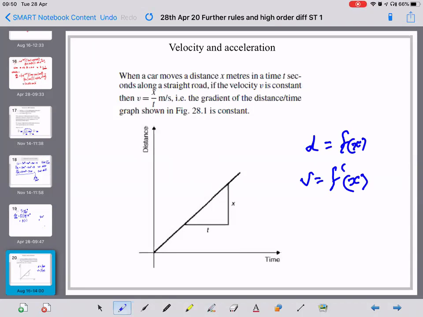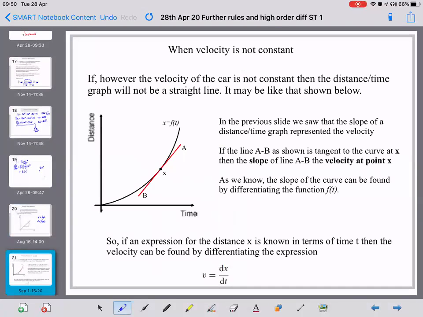Okay. Now, on the next page, when velocity is not constant, if however the velocity of the car is not constant, then the distance time graph will not be a straight line. It may look like that shape below. So in the previous slide, we saw that the slope of a distance time graph represents the velocity. If the line AB, the red line, is a tangent to the curve at x, then the slope of the line AB is the velocity at point x.